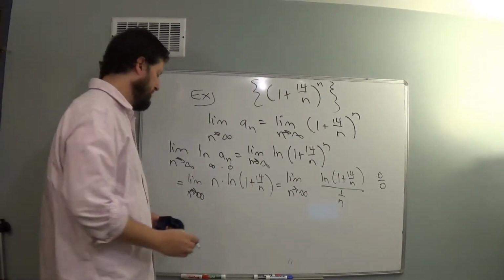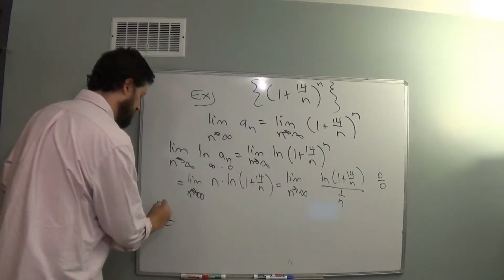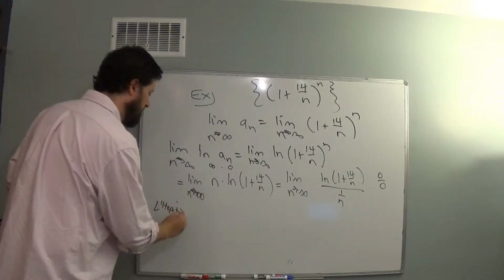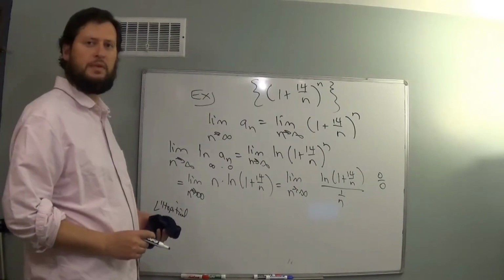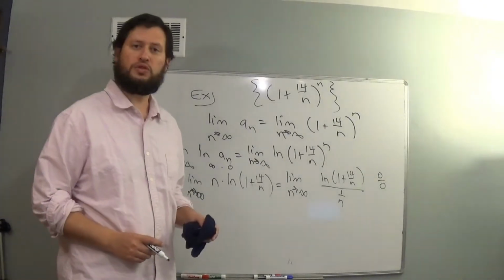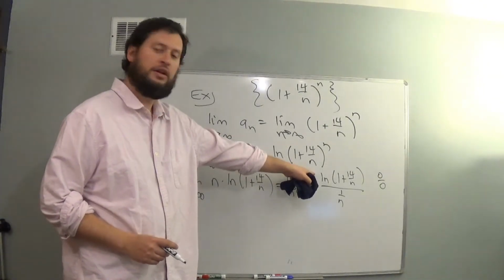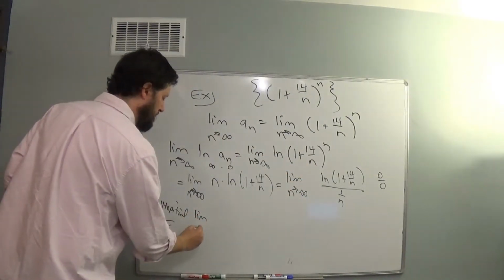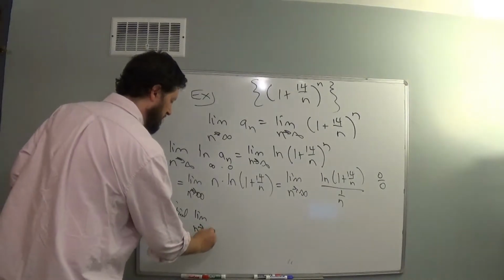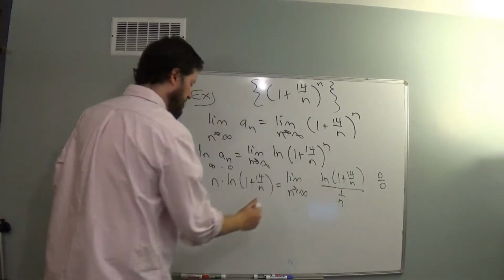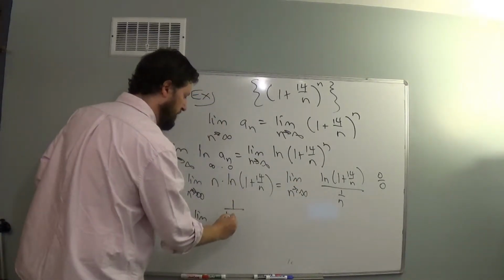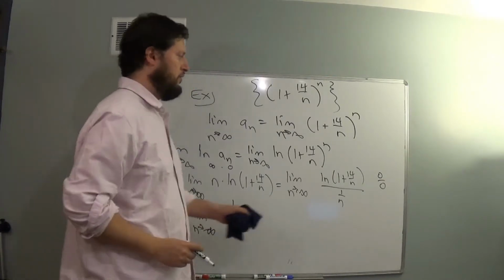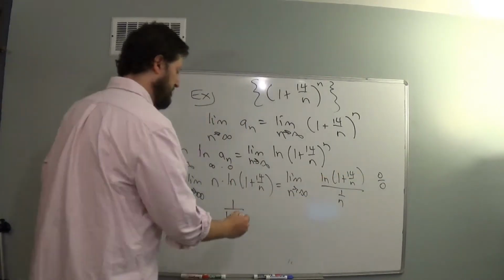Remember that to apply L'Hopital's rule, we take the derivative of the top and the derivative of the bottom independently. It's not the quotient rule. We just take the derivative of the numerator and the derivative of the denominator. So that is the limit as n goes to infinity. If I take the derivative of the top, that's going to be 1 over 1 + 14/n, 1 over what's inside times the derivative of what's inside.